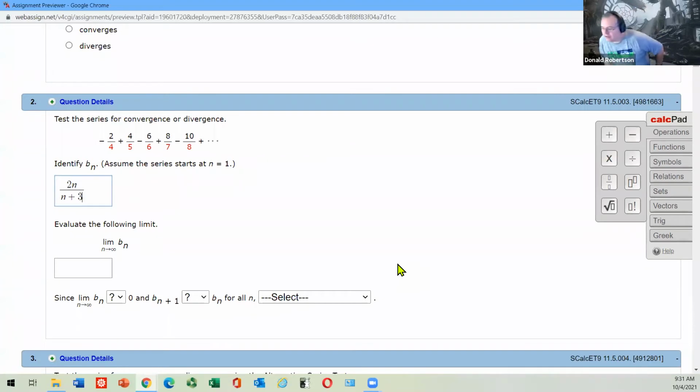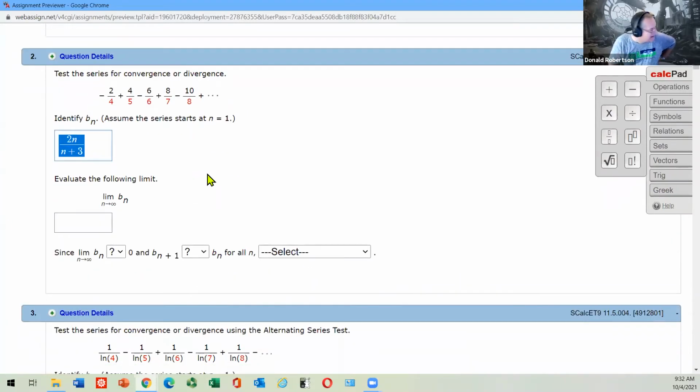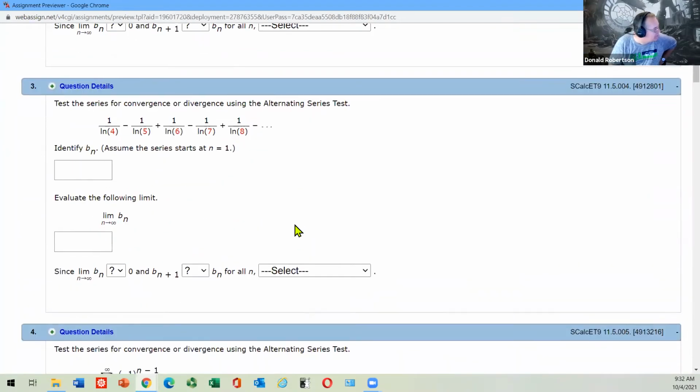No, it could never increase to 0, because if it increased to 0, wouldn't all the numbers have to be negative? And doesn't that break rule 1, that the Bns have to be positive? Yeah, just focus on the limit. I think that's the cleanest. It might get kicked out before then, but here we go.